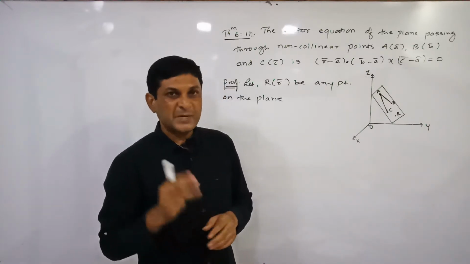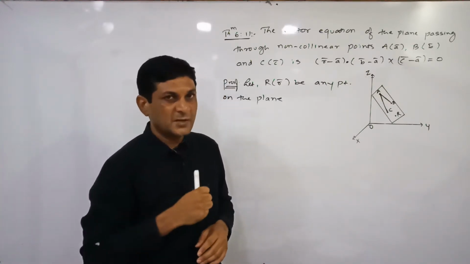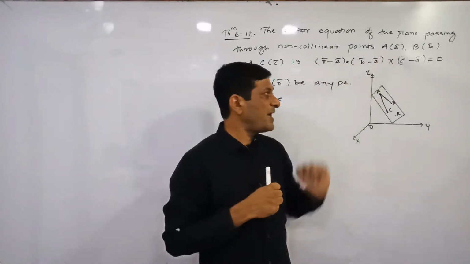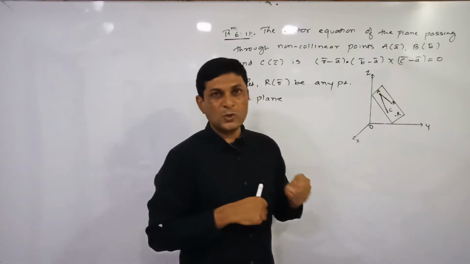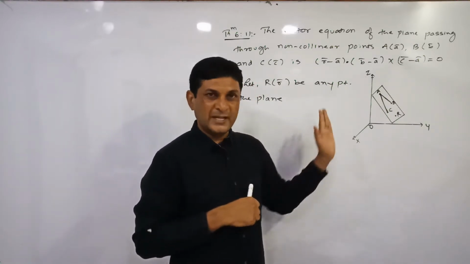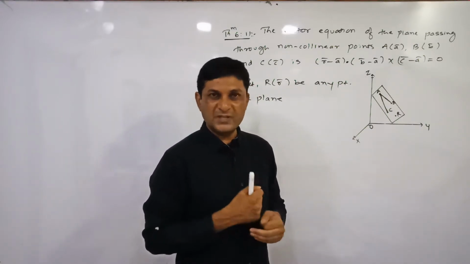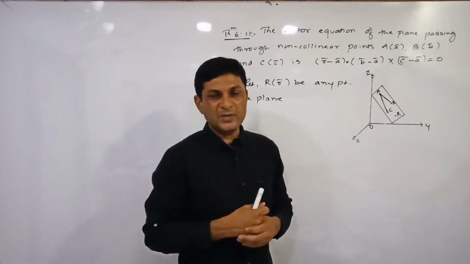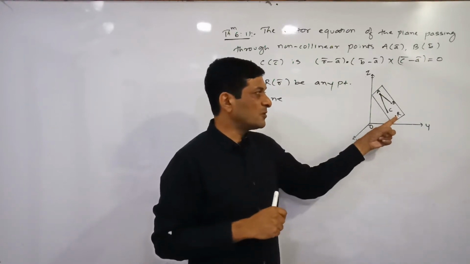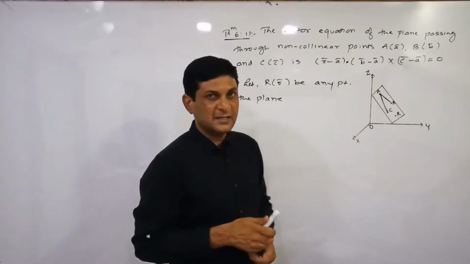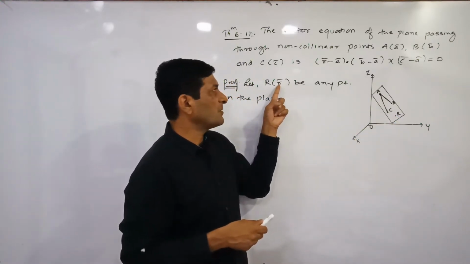So in this case the plane passes through three non-collinear points, and here the points are denoted by A, B, C. A, B and C are three non-collinear points in the plane, which we have already shown in the figure. Whenever we are finding the equation of a plane we consider any point on the plane. So let us denote any point on the plane by R and its position vector by R bar.